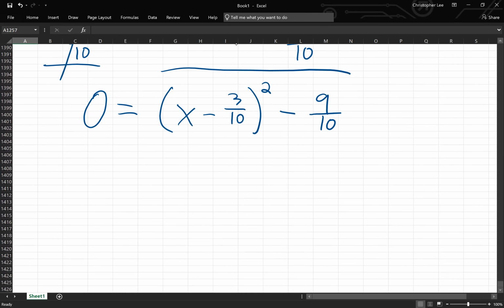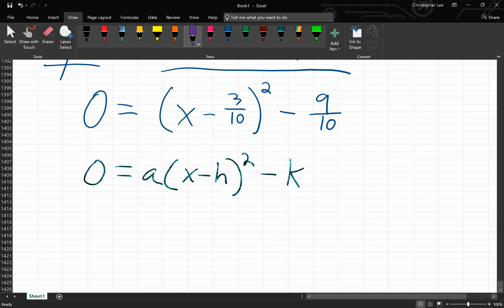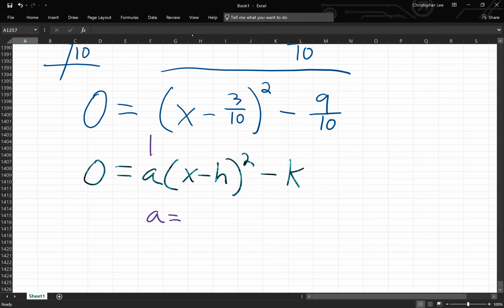The formula that we have, or excuse me, what they want, is 0 is equal to a times x minus h squared minus k. So that being said, what's a?